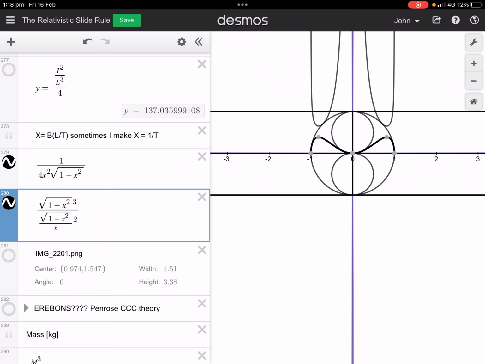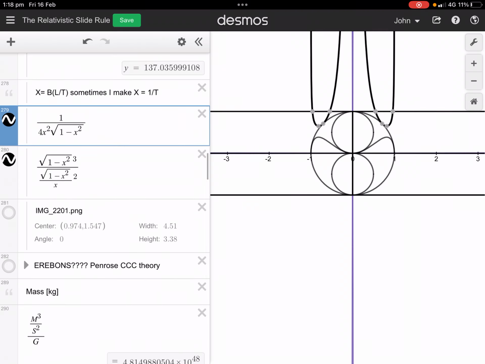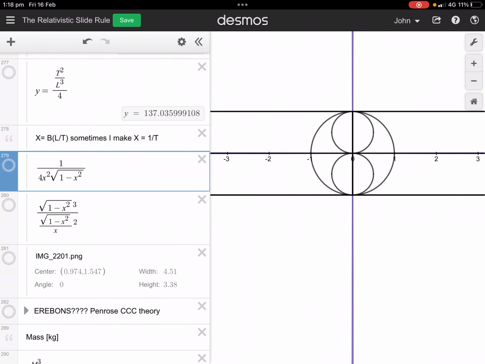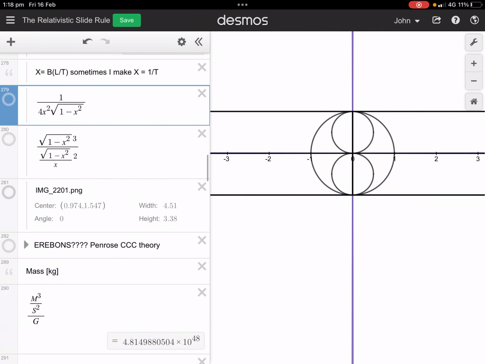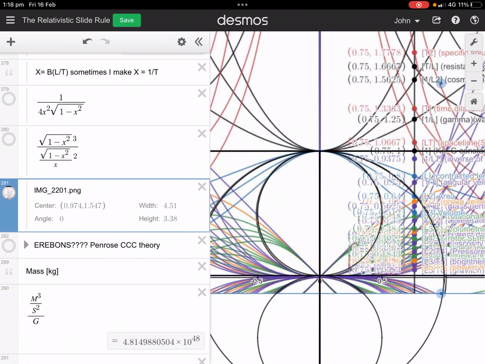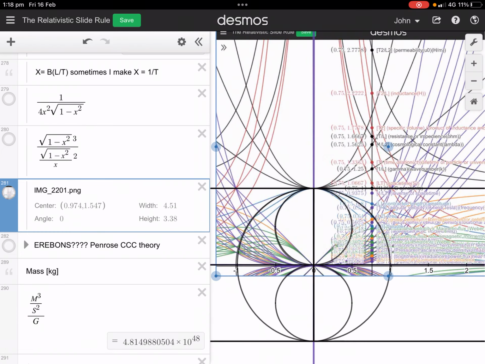See how it's inversely related to gravity. Here it is at its maximum, and gravity is at its minimum at the same point. But you can graph it. I could make the x proper velocity, which would be 1 over t, and if I do that and just graph all the physical quantities, I get this.